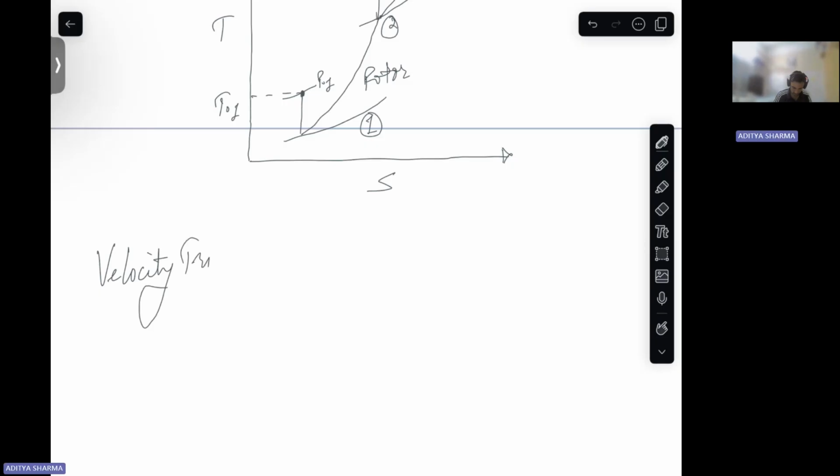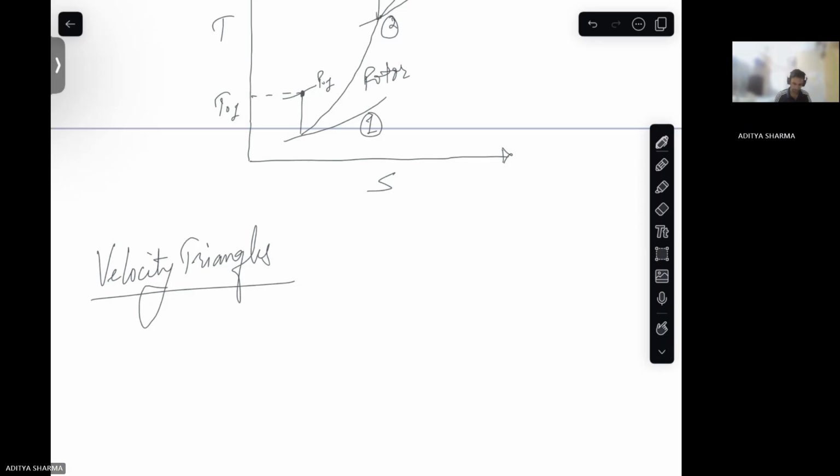In velocity triangles also, there is an inlet velocity triangle, and there is an outlet velocity triangle. And then there is compressor work based on the velocity triangles. So this is velocity triangles.